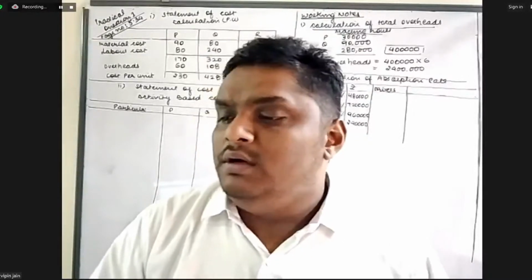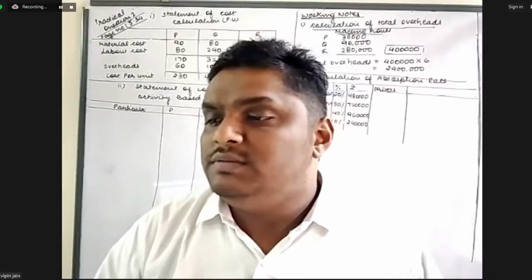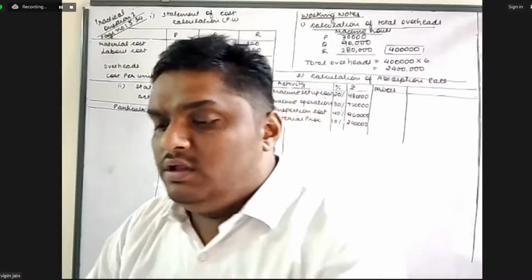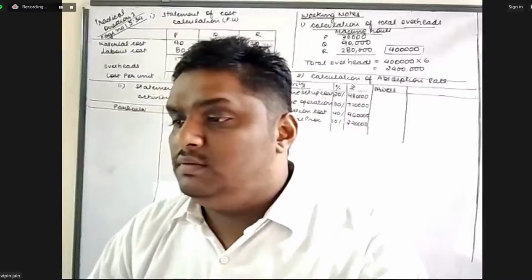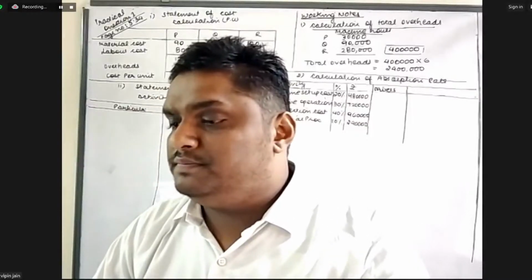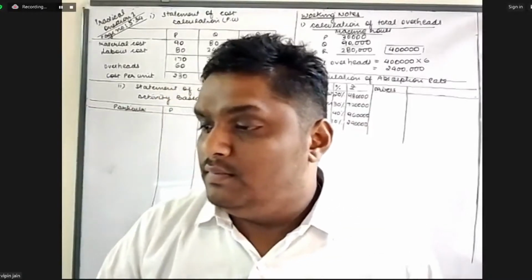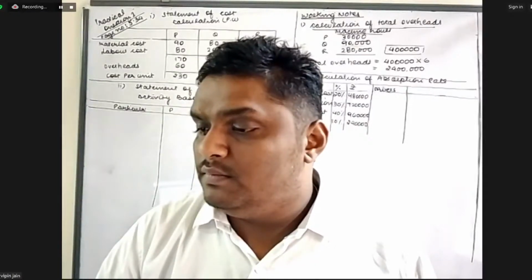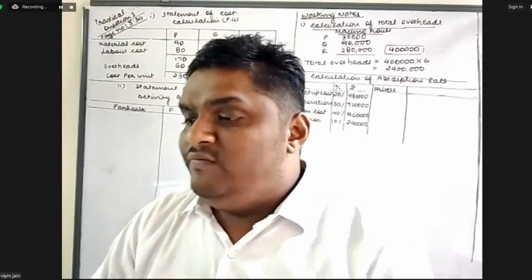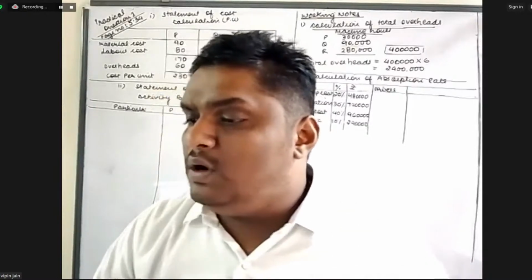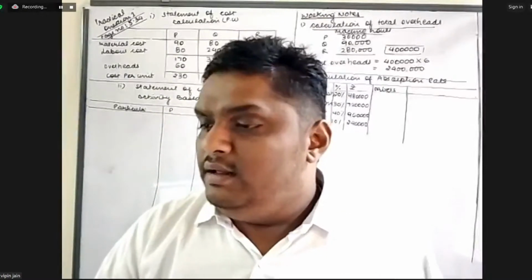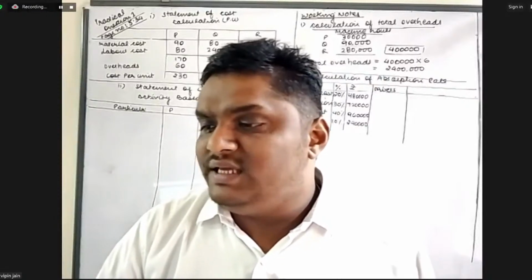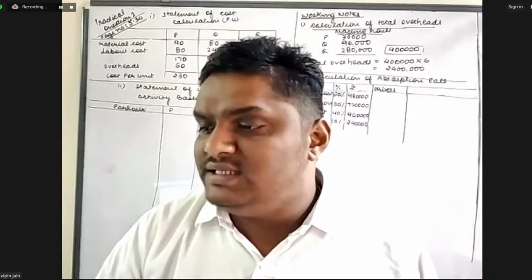So when talking about the machine setup cost, see herein the batch size is given, the number of purchase orders per batch is given, and the number of inspections per batch is given.